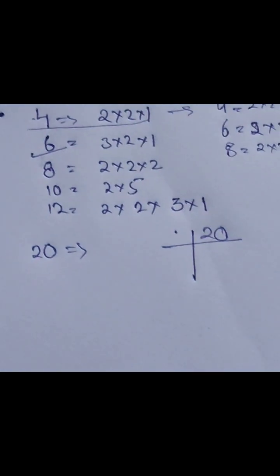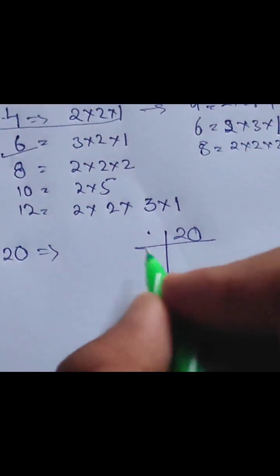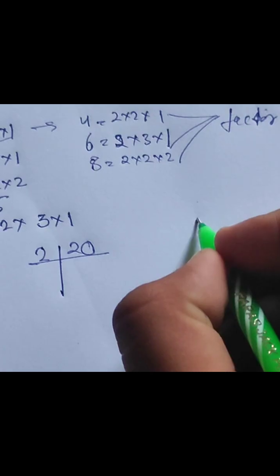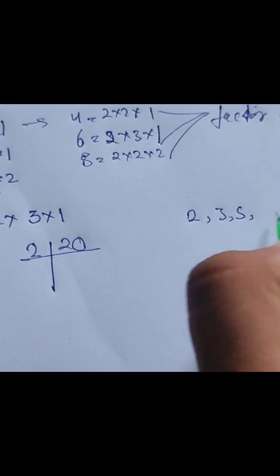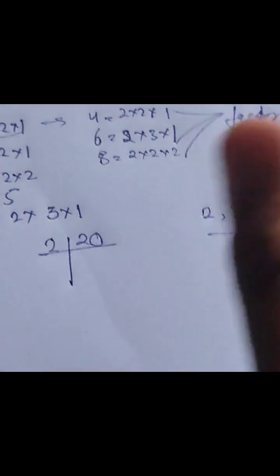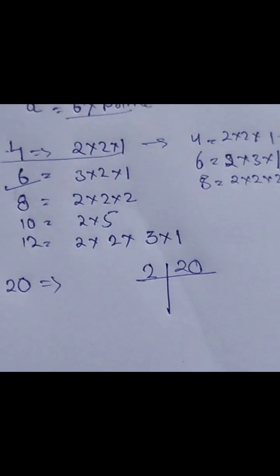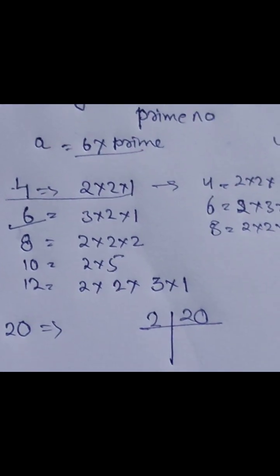Starting from the lowest prime number, 1 is always a multiple, so the lowest prime number is 2, so always start from 2. Then we move to 3, then 5, in increasing order. We always factorize in increasing order, because if we do not, it gets messed up.